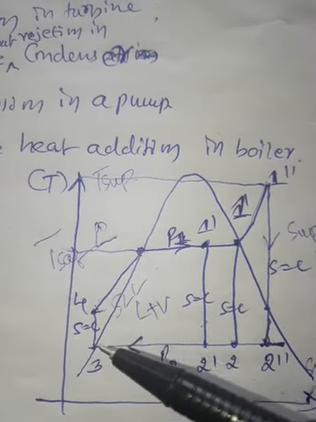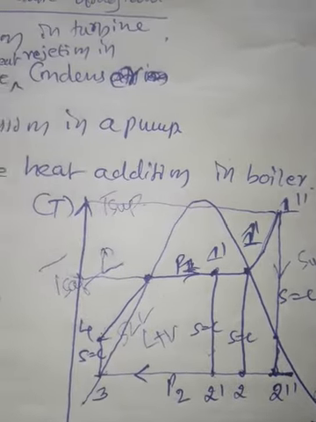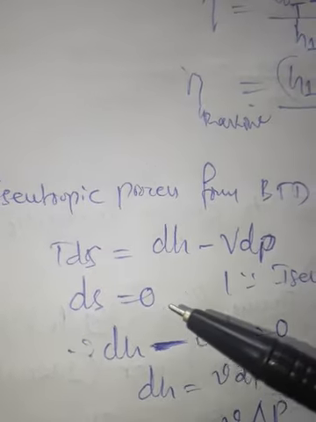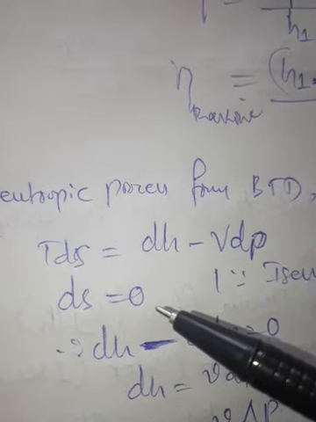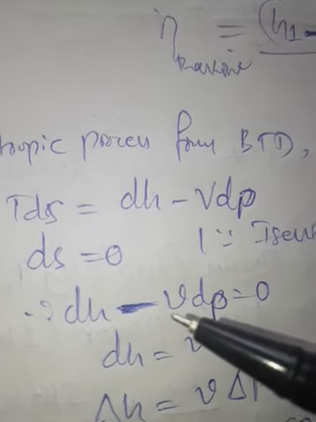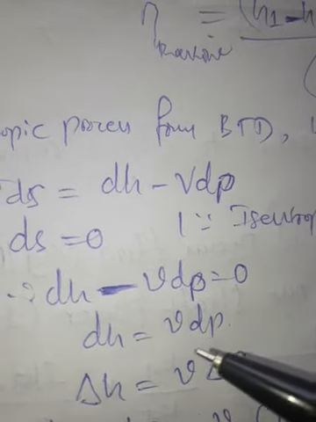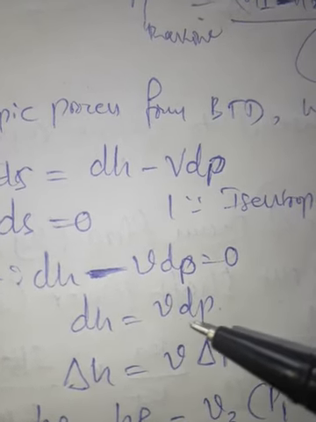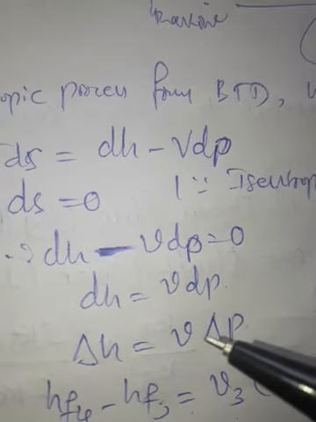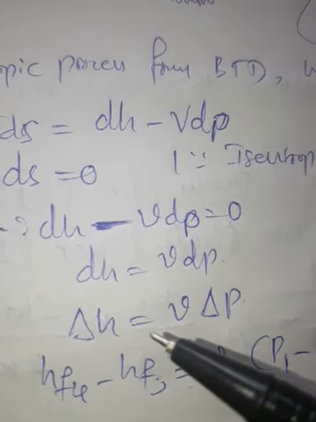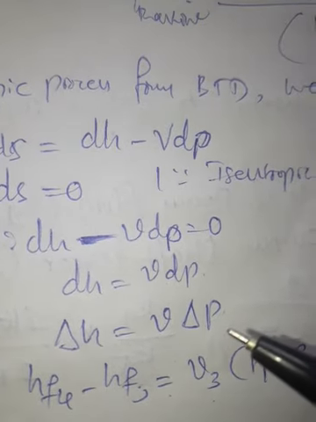Therefore change in entropy for this process is 0. Hence dS is equal to 0 in this expression. After substitution, we will get the equation as dH minus VdP is equal to 0. That is, dH is equal to VdP. The same expression can be written as delta H is equal to V times delta P.